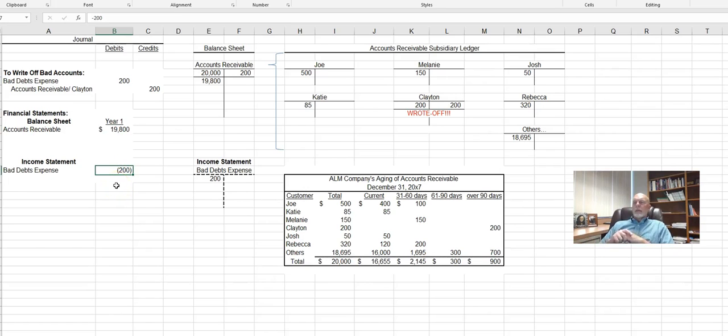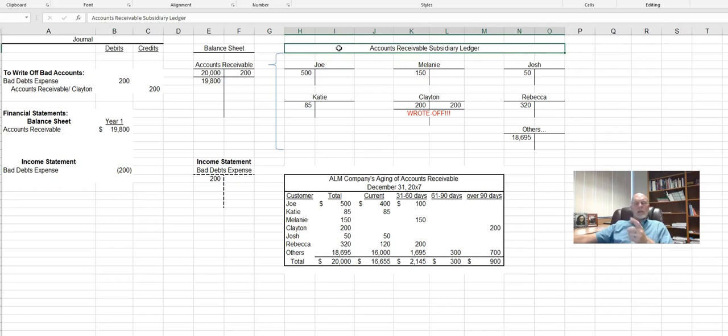So, in summary, accounts receivable in the ledger represents the grand total of all of your customer balances. You're going to keep up with those individual customer balances in the accounts receivable subsidiary ledger. Constantly update individual customer balances as you sell items on account and as they pay you.